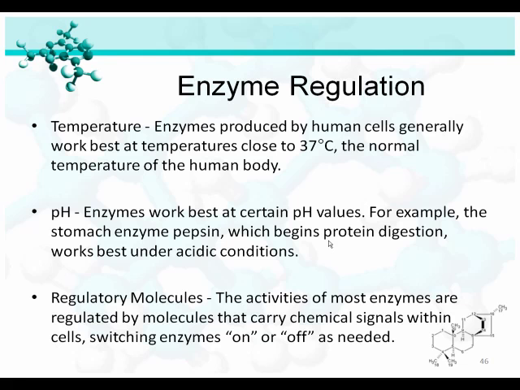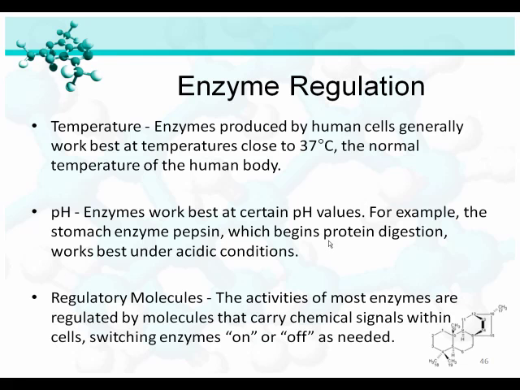For example, the stomach enzyme pepsin, which begins protein digestion, works best under acidic conditions. Regulatory molecules. The activities of most enzymes are regulated by molecules that carry chemical signals within cells, switching enzymes on or off as needed.